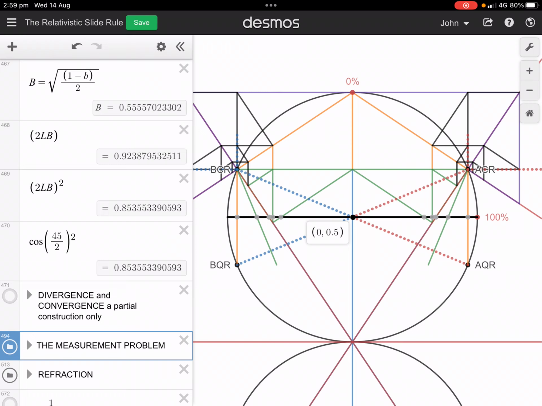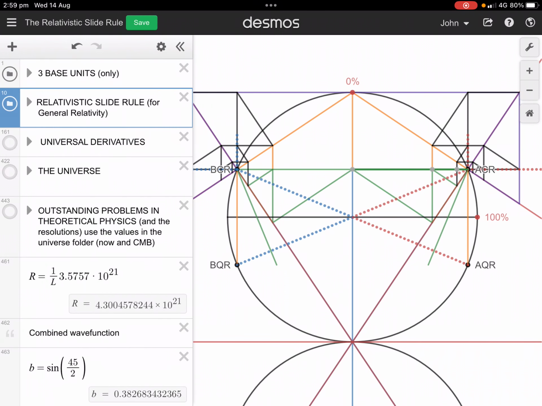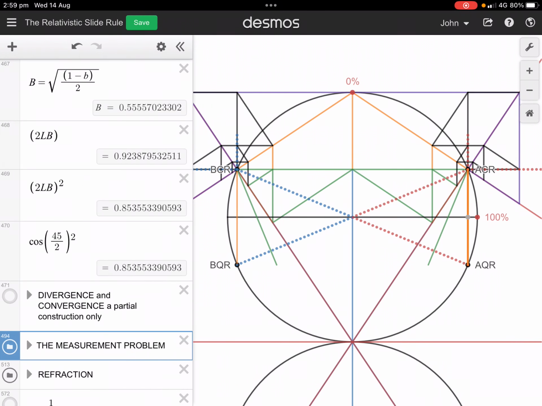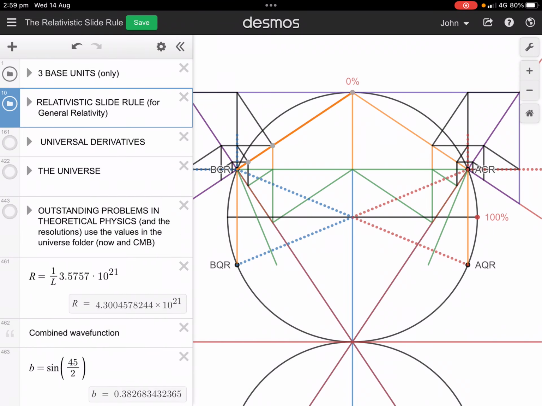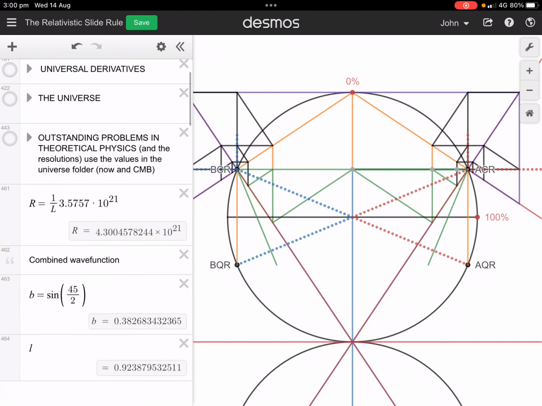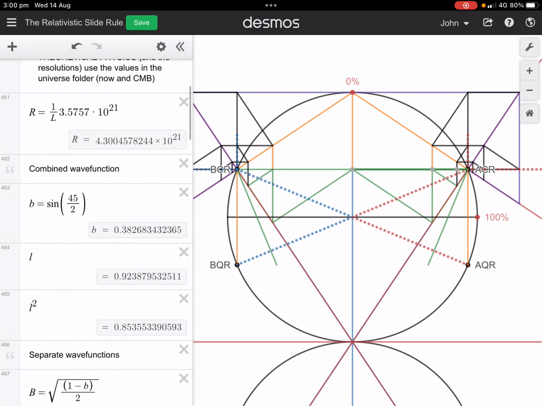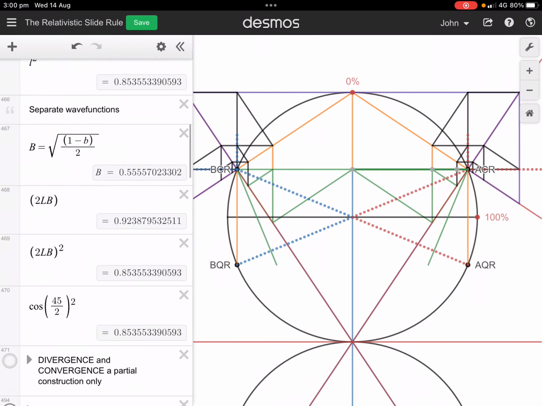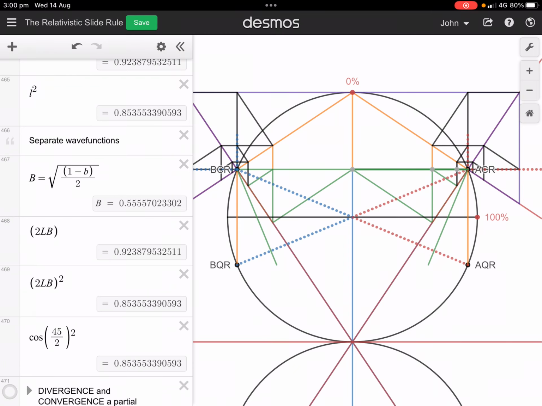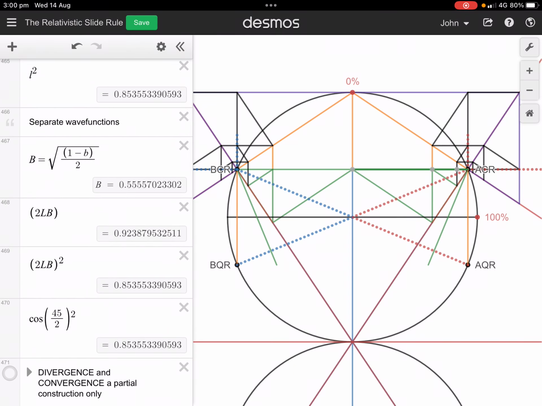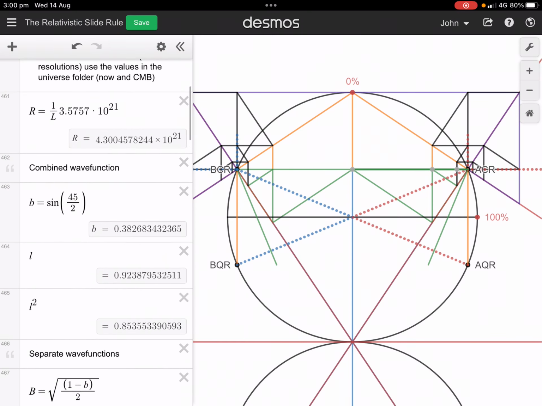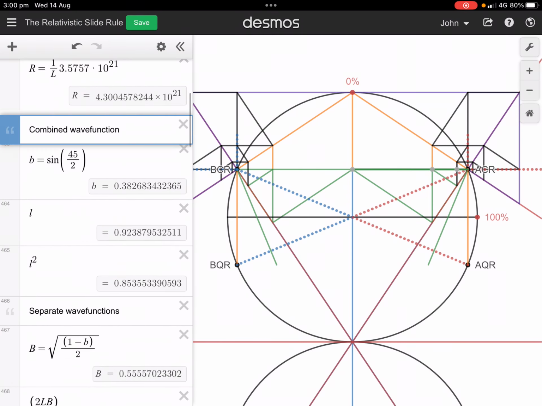And it turns out that if I combine their two separate wave functions, which is the relativistic slide rule, if I combine those two relativistic slide rules into one relativistic slide rule here, then I can calculate the combined probability of them being successful with that measurement. So I've got that backwards.